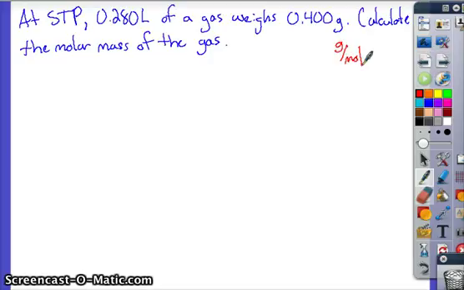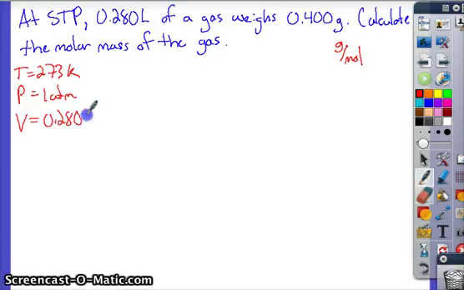In the problem, you're given standard temperature and pressure, STP. Standard temperature is 273 Kelvin. Pressure, 1 atmosphere. You're given a volume equal to 0.280 liters, and you're also given a mass, a gram amount.